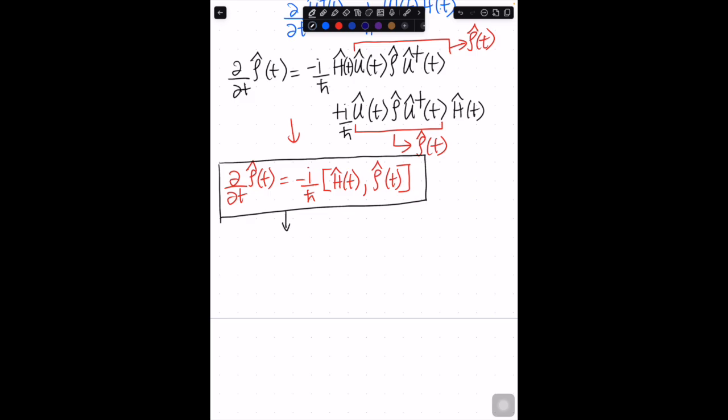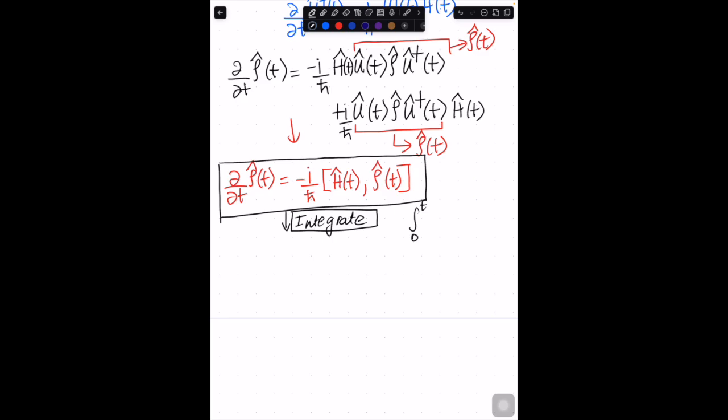Let's integrate the solution and see what happens. You move the dou t to the right hand side and then you integrate both the equations. So we will integrate from 0 to t. We assume that the evolution of the density operator starts at time 0 and we measure to time t.